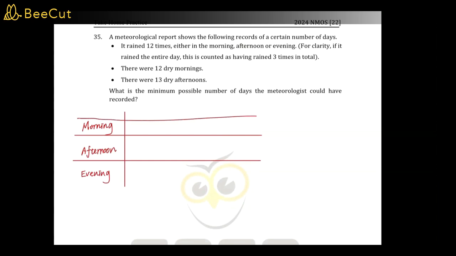Let's just draw a table. Now, we check the number of days where it is rainy and number of days is dry. Then we have the total.